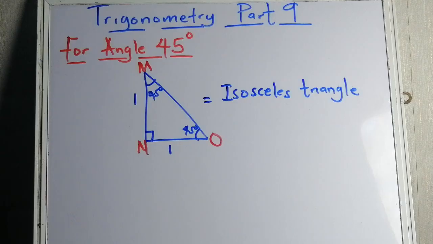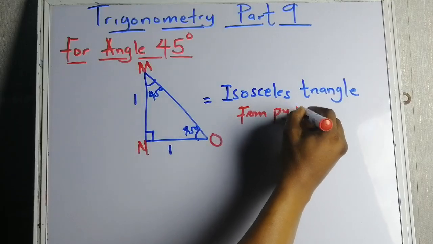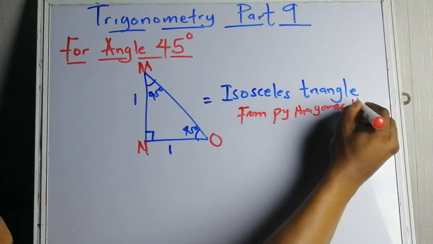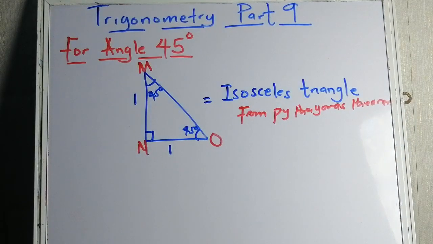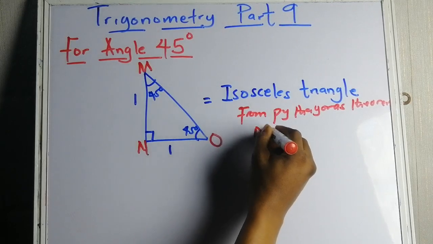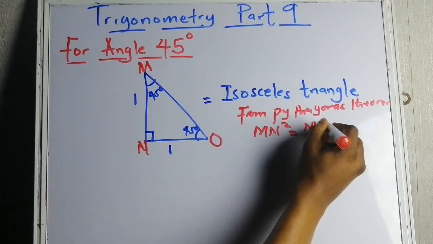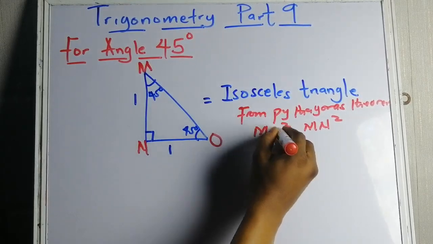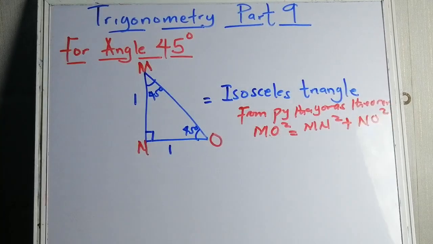From Pythagoras theorem, you already know that MN square equals MO square plus ON square.